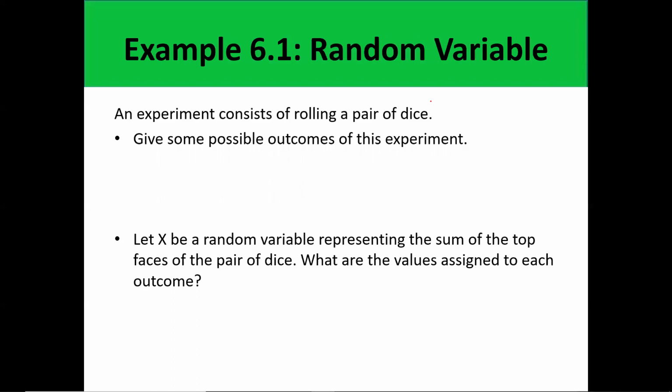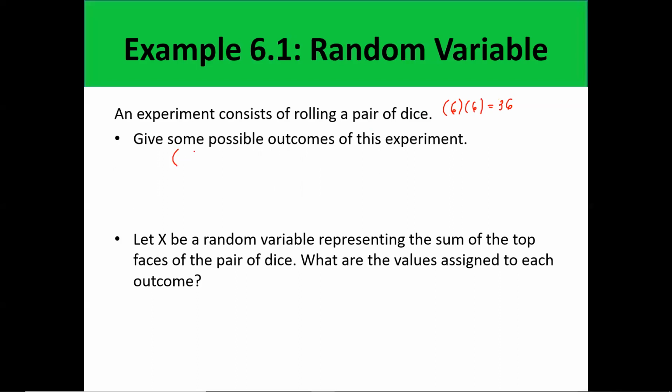Now let's try to consider another experiment. An experiment consists of rolling a pair of dice. So let us give some possible outcomes of this experiment. Remember, when we roll a pair of dice, there are 6 times 6 possible outcomes or 36 possible outcomes. So let us list down some of these 36 possible outcomes.